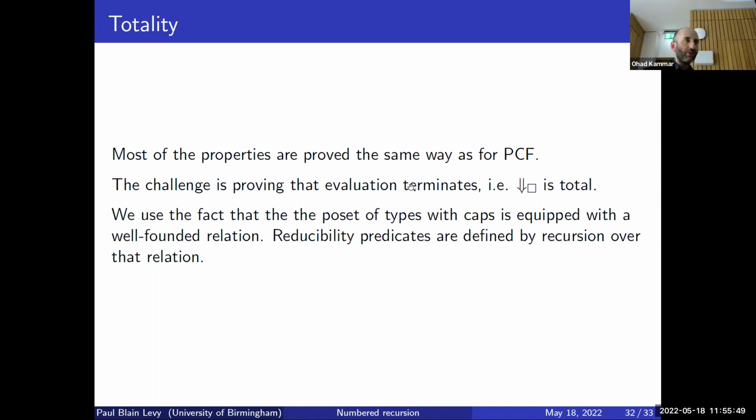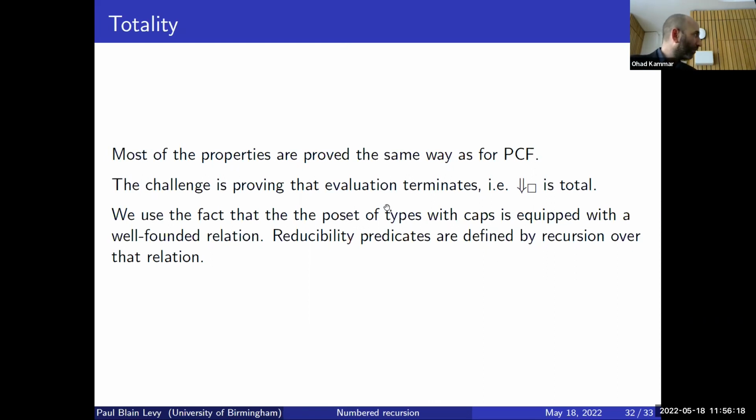But the big challenge, the centerpiece of this story, is showing that evaluation of the decreasing interpreter is actually terminating. In other words, that evaluation is total. Normally, you define totality with reducibility predicates: closed terms are reducible, defined by induction on types.